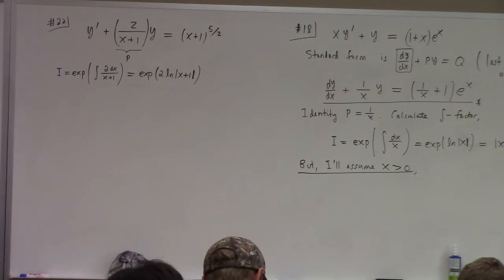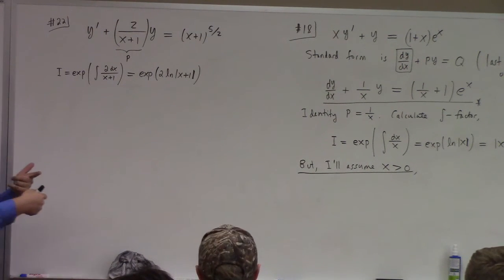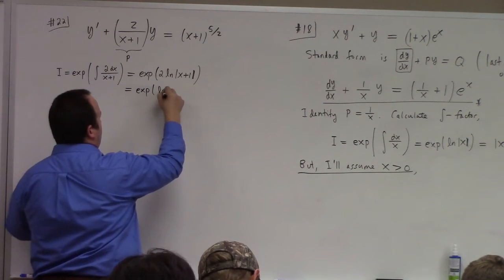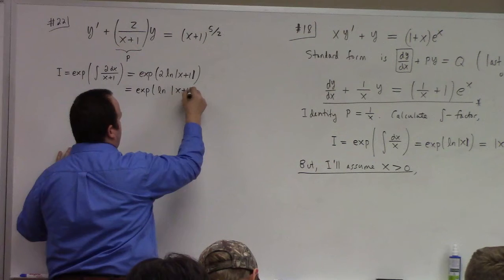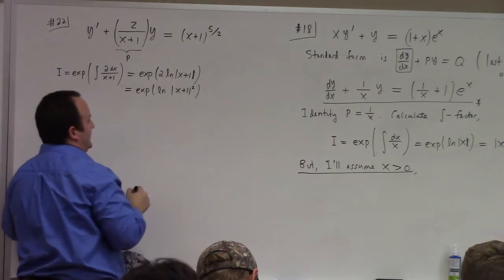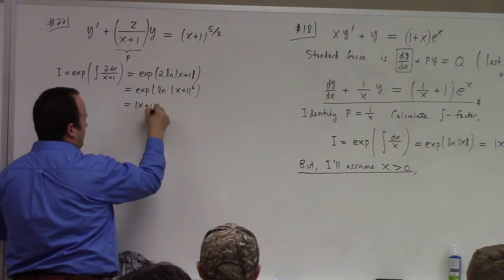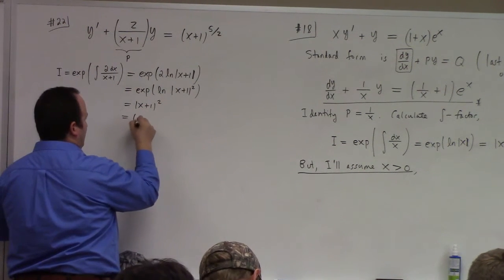But by properties of logs, we can bring the 2 inside, and we get the exponential of the natural log of the absolute value of x plus 1 quantity squared. Well, that's nice, because that means this is the absolute value of x plus 1 squared, but that is just x plus 1 squared.